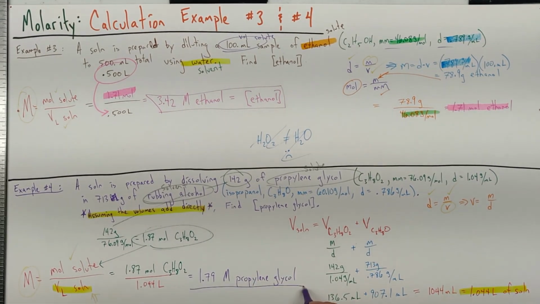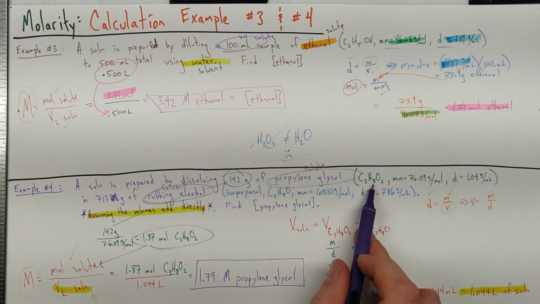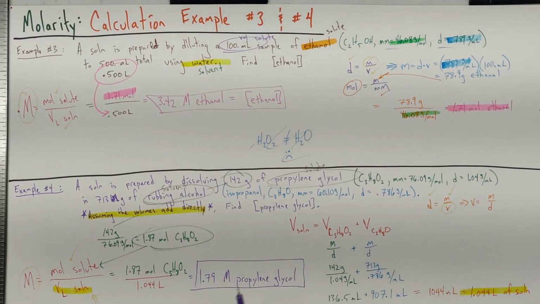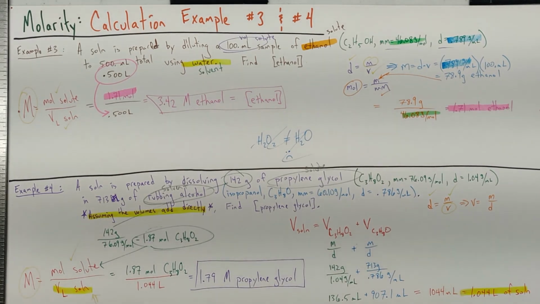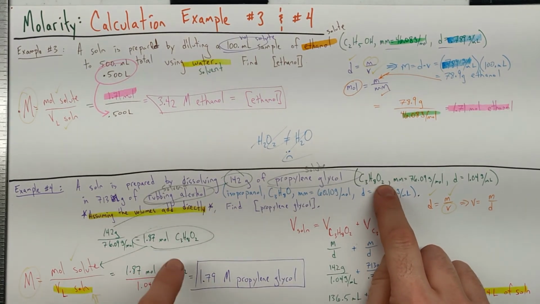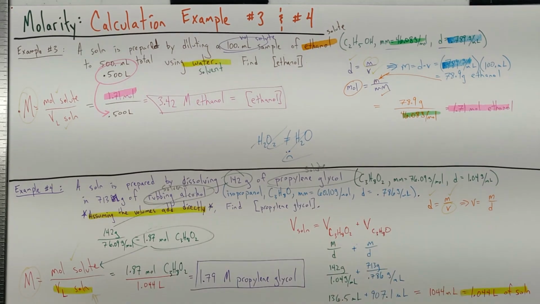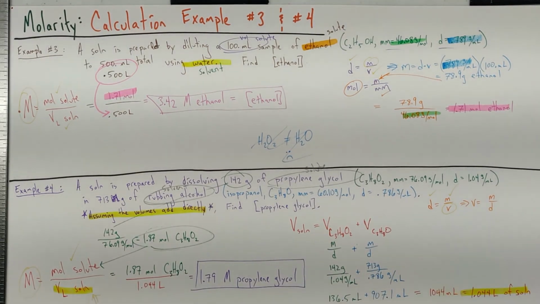It would not matter if you wrote C3H8O2 or whatever. It's the same thing. I just wrote propylene glycol so no one looks at the 2 there and misses the 1 there and confuses the two things. So that's how it goes.